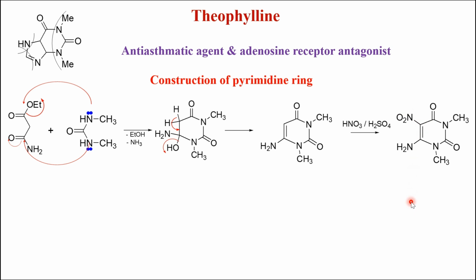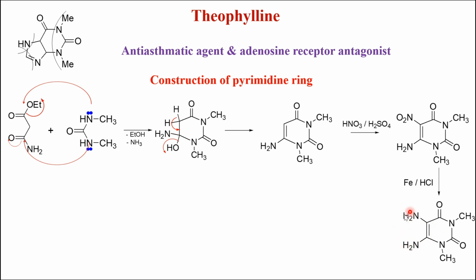This nitro group attached to the pyrimidine ring can be reduced by treating with iron and HCl. The nitro group gets converted into amino, and that's how I have introduced the amino group at the 5th position.